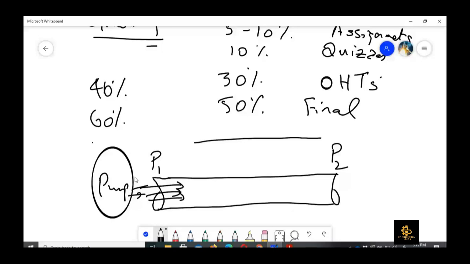We usually use a pump for the flow of liquid, and a compressor for building the pressure in a gas. Because we are talking about fluid mechanics, we are going to discuss hydraulics, which are liquids, in more detail. In this we have got major losses and minor losses.